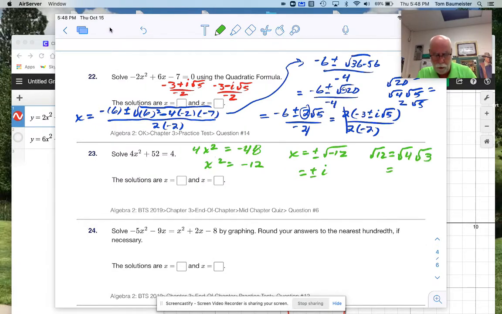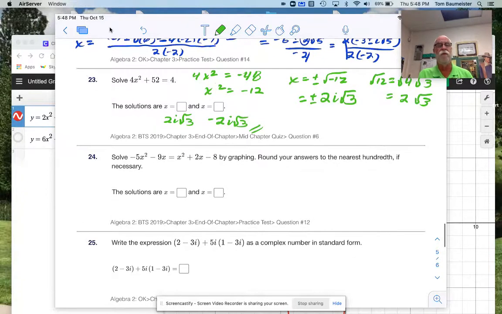The square root of 4 is 2, so we'll have the 3 there. I'm going to put the i in between, so x is equal to 2i root 3 and negative 2i root 3.